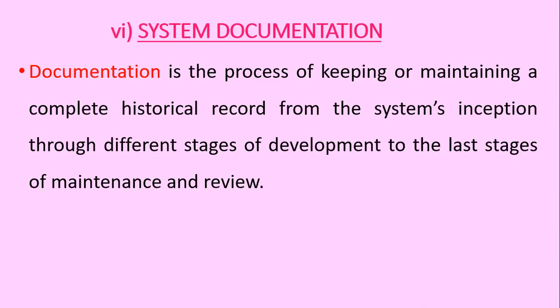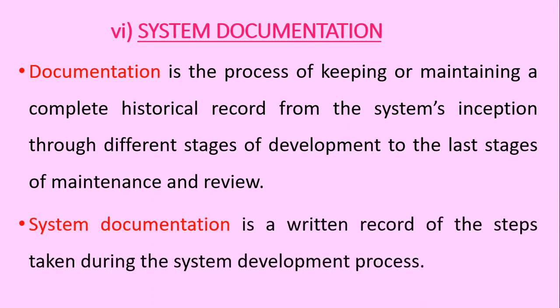Let's now look at system documentation. Documentation is the process of keeping or maintaining a complete historical record from the system's inception through different stages of development to the last stages of maintenance and review.